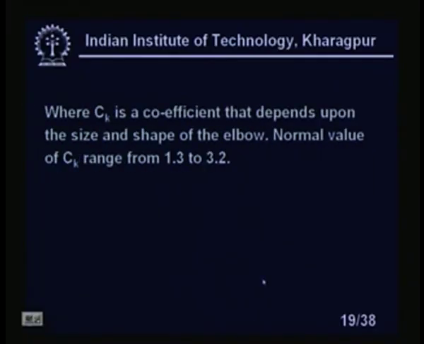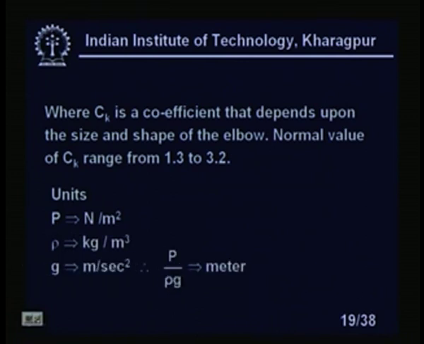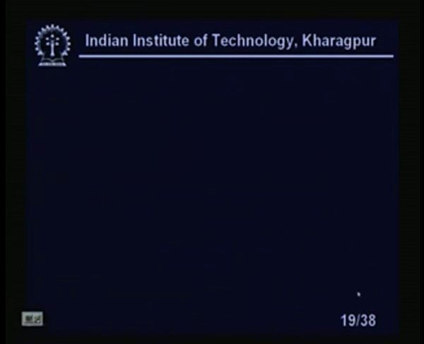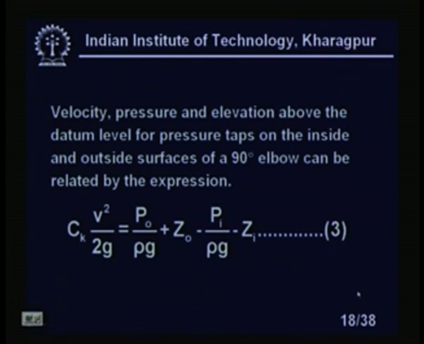Where Ck is the coefficient that depends on the geometry basically of the elbow, that means shape and size of the elbow. A normal Ck ranges from 1.3 to 3.2. Units you see here, if I go back, Ck V square by 2G, P naught by rho G, Z naught, Pi by rho G. So all these units let us look at.